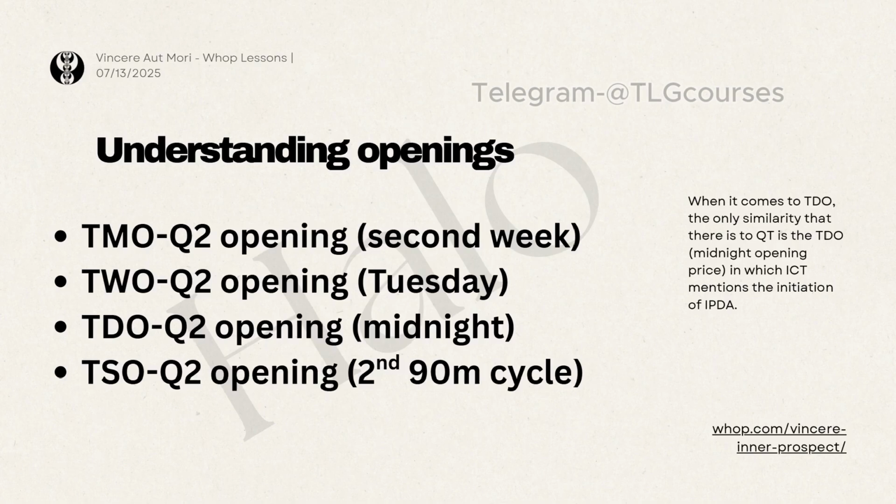When you terminate your manipulation, you are starting your distribution. From the very top or the very bottom of that manipulation, you're basically hosting your distribution, right? So we're going to include the distribution within that manipulation, right? So if Q2's purpose is to manipulate, what are you going to be doing to find the high or the low of the range? Super simple.